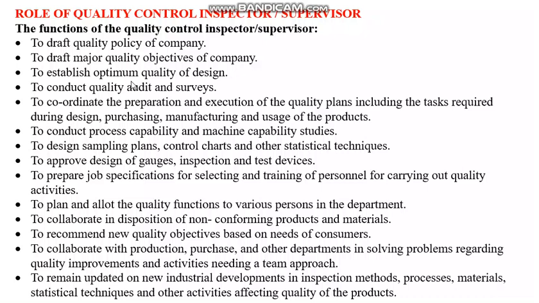That is an optimum quality of design. Okay, so to establish those specifications, then to conduct a quality audit and surveys. This also becomes the responsibility or the function of a supervisor.